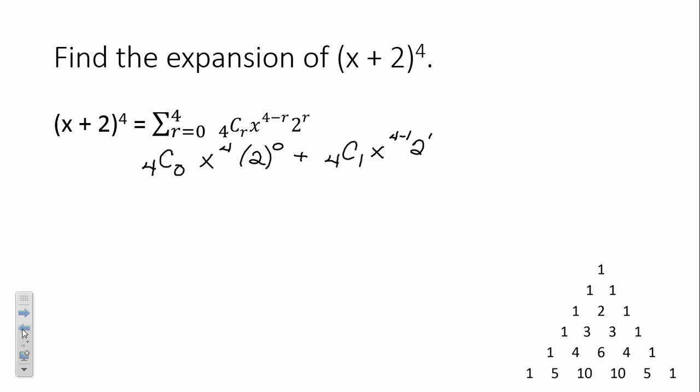R will be 2, so we're going to do 4C2 x to the second, 2 to the second, for C3, x to the first, 2 to the third, and finally for C4, x to the 0, 2 to the 4.